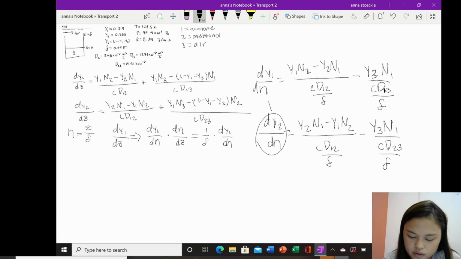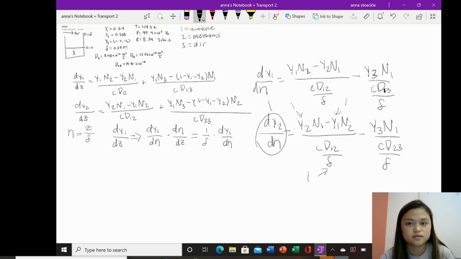We already know that the mole fractions are 1, and that delta is 1. So the molar fluxes need to be a certain number, so that this side is equal to 1, the order of magnitude is equal to 1.